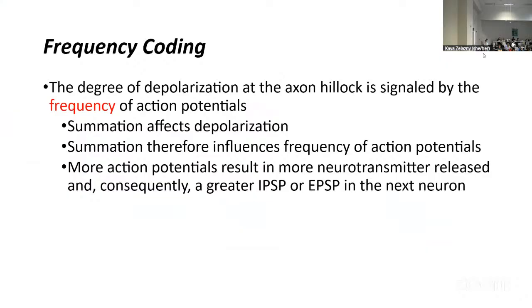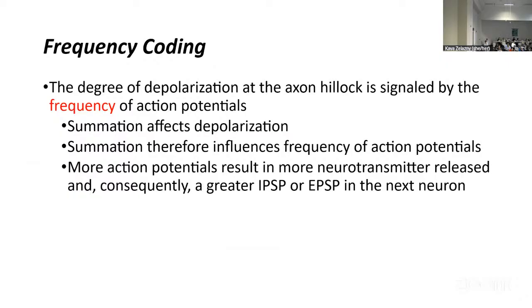So when we think about how we can send stronger signals or weaker signals and how we can really fully affect whether a postsynaptic neuron fires off its own action potential or not, we're going to see that the way we do that is by changing the frequency of action potentials. Right? We know we can't make one action potential bigger or smaller than another. All we can do is vary how fast they come together. Right? So if we have a lot of depolarization happening at the axon hillock, gets us to threshold, we fire off one action potential down the line.